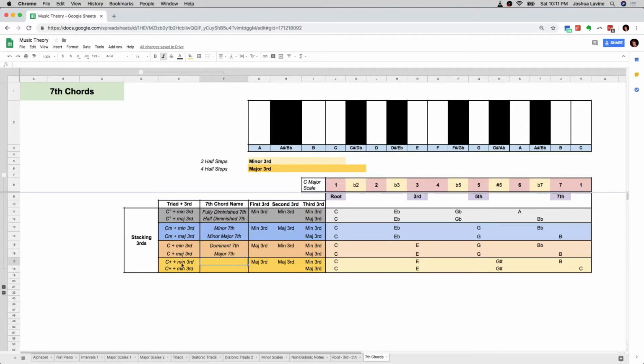C augmented chord plus a minor third is going to give us C, E, G sharp, and B, and that's going to be called an augmented seventh. And here we come to kind of a funny situation, which is we have C, E, G sharp, and then C again. Well, that's kind of interesting. We have a repeated note, and that should make sense because remember, a major third is 4 half steps, and an octave is 12 half steps. 3 major thirds is just 12 half steps, which is the same thing as an octave.